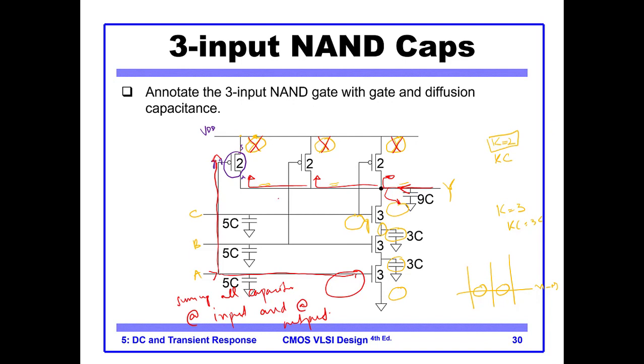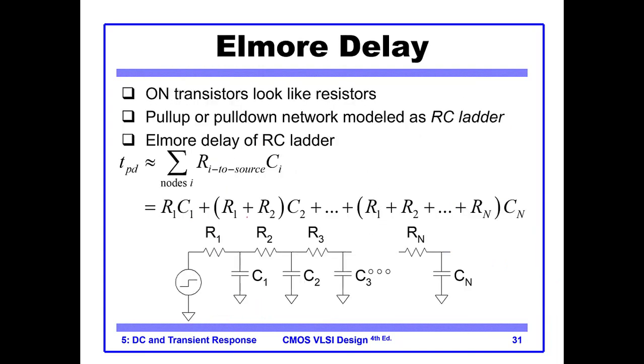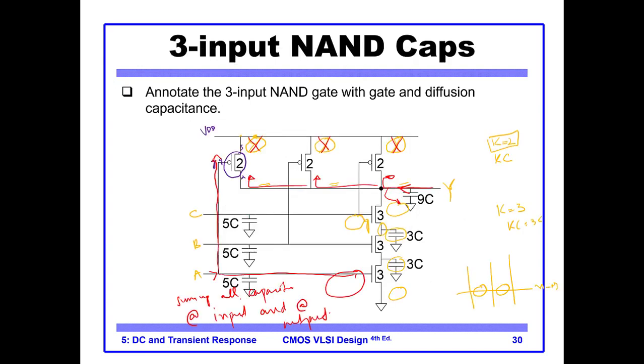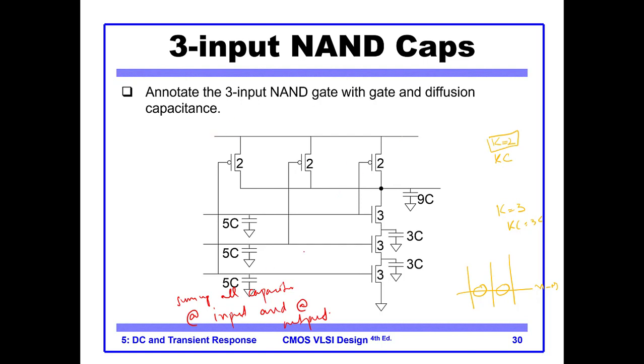If I remove all these, so this is our equivalent circuit. Okay, at every input, so this was our A, B, C, we see a capacitor of 5C, and at the output we see a capacitor of 9C.